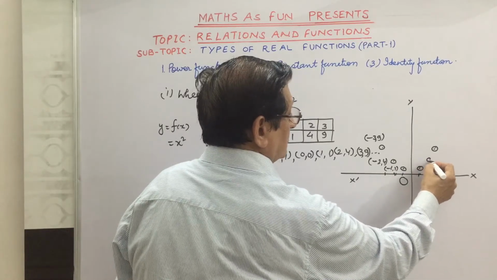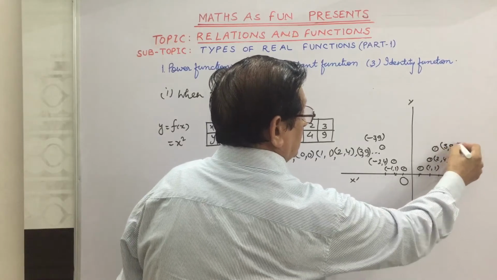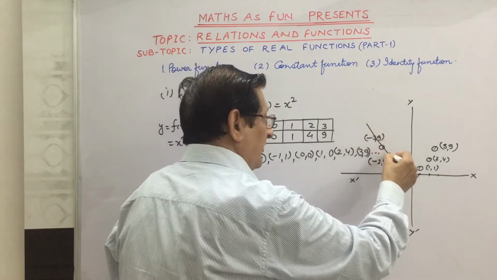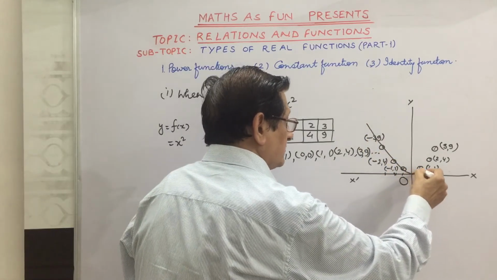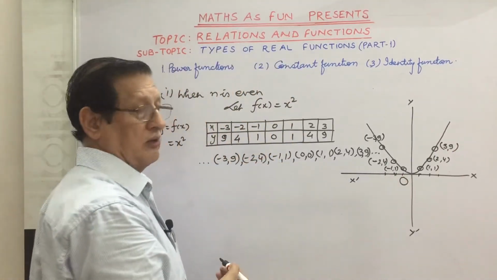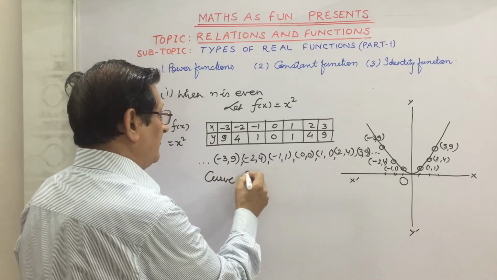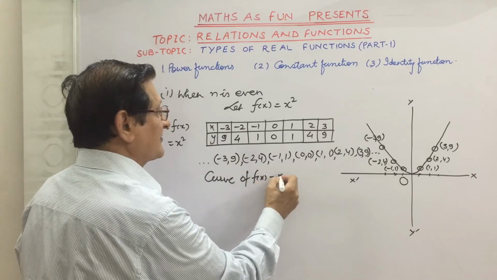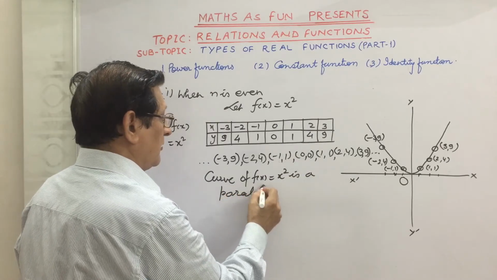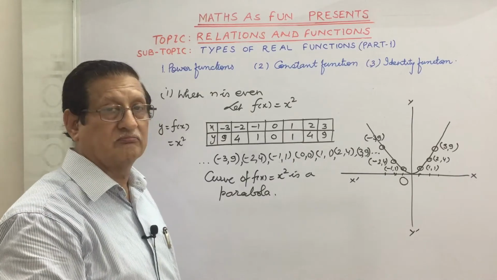So these are the points we are getting. If we join these points, what we find is this is a parabola. So the curve of f(x) = x^2 is a parabola. So we have seen the nature of the curve. This is a parabolic form.